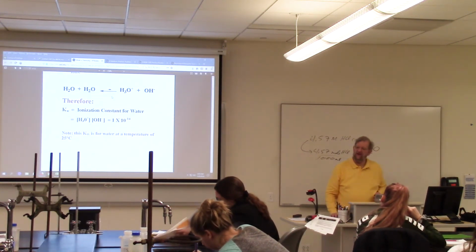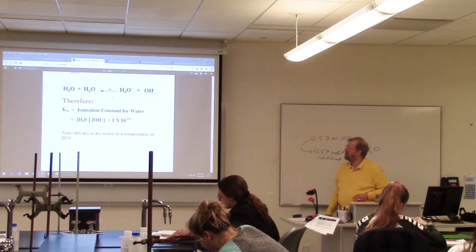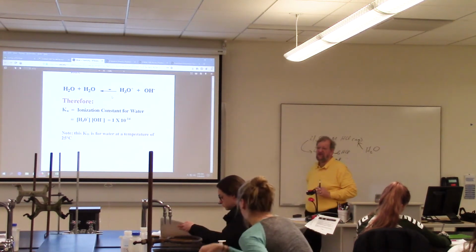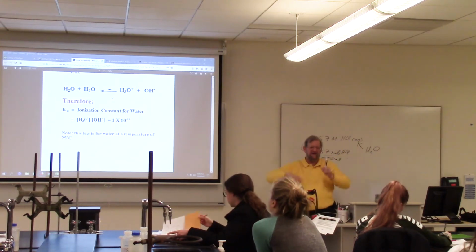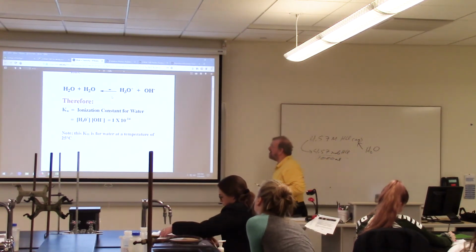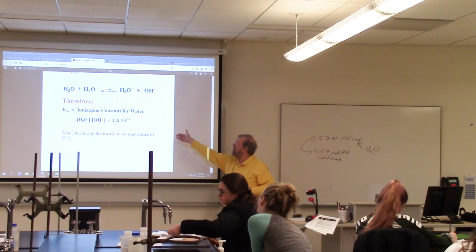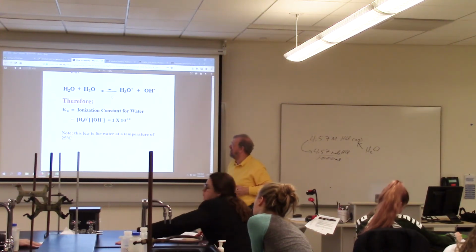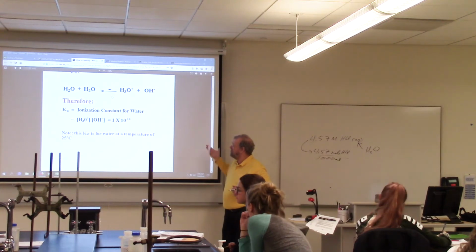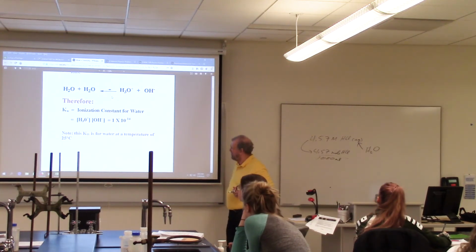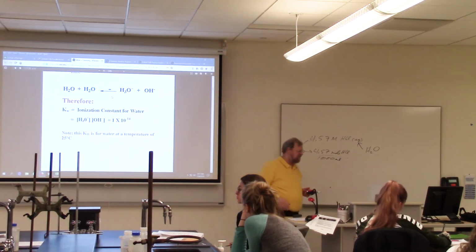An important thing, water reacts with itself, and because of that, you have Kw, the ionization constant for water: the hydronium ion concentration times the hydroxide ion concentration equals 1.0 times 10 to the minus 14.